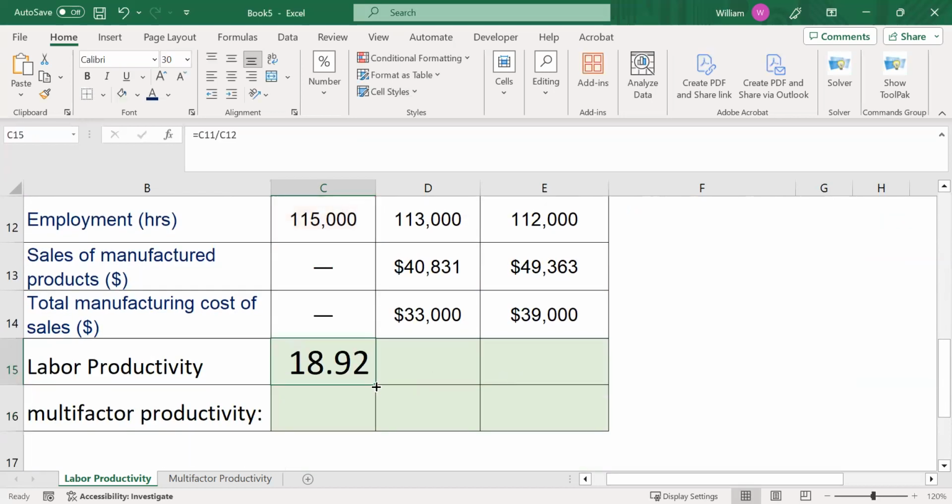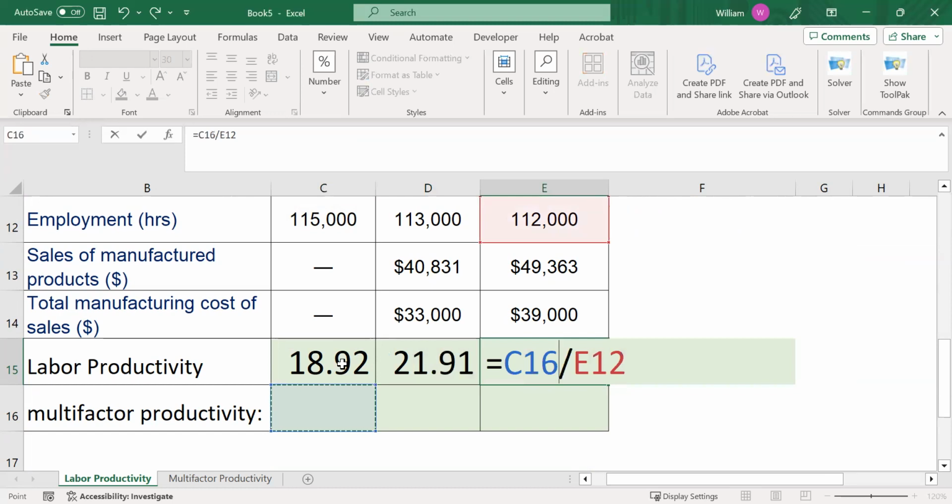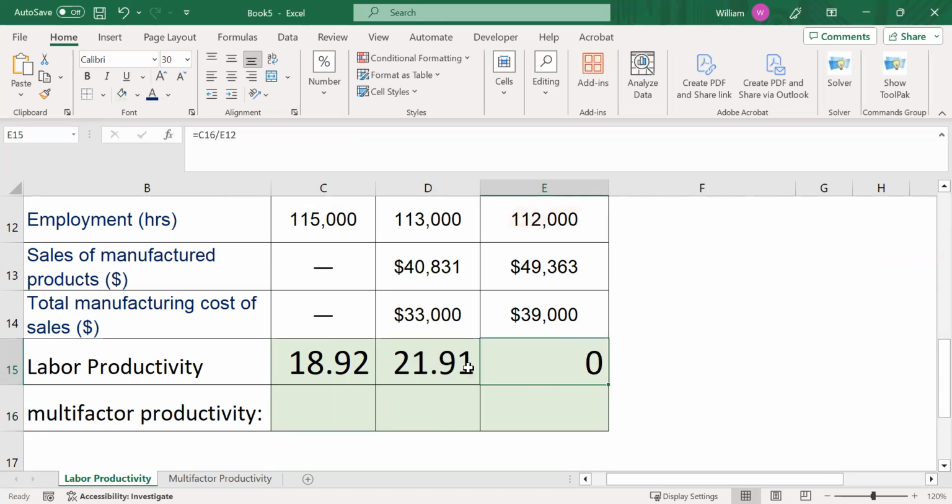And I could drag this across and figure out how well we did in all 3 years. Okay. So we have 18.92 in year one, in 2021, 21.92 in year two, and then we move up to 24.662 in year three.